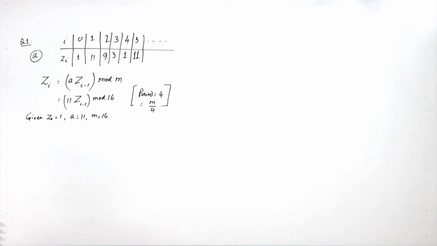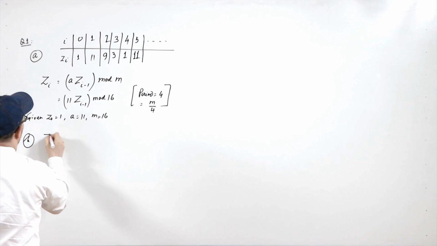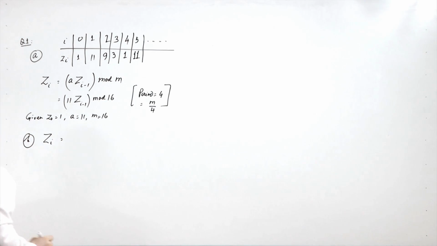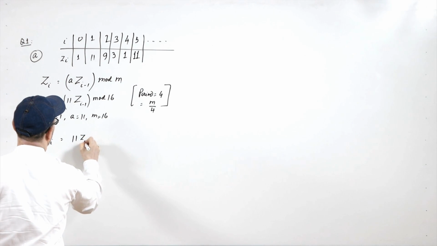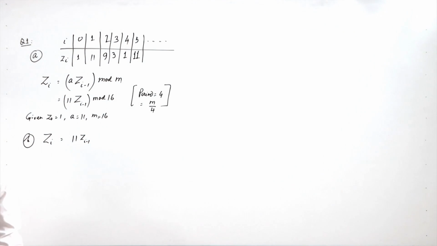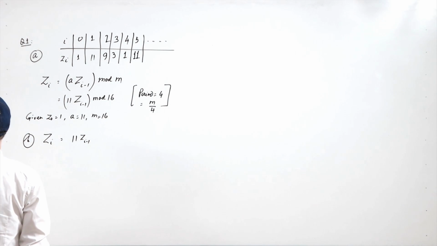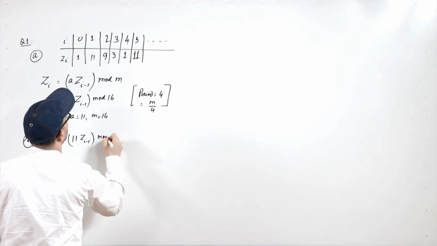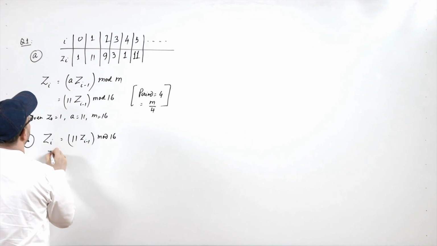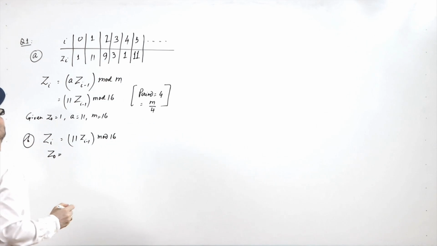Let us go to the B part. In case of B, Z I will be A into Z I minus 1, where A is 11, and the mod is 16. Z0 is given as 2.